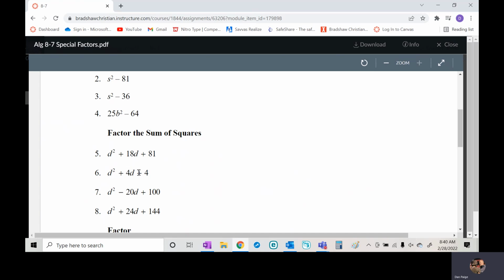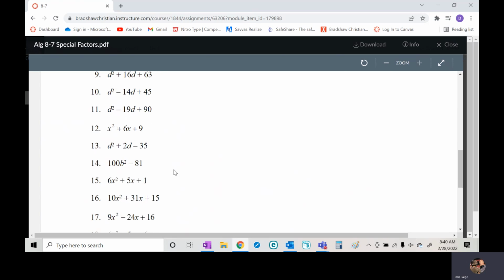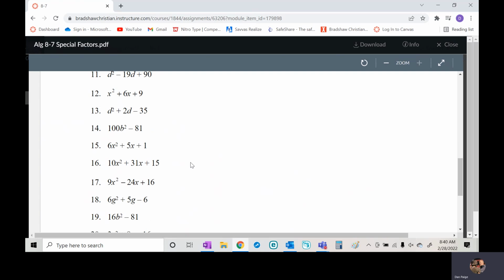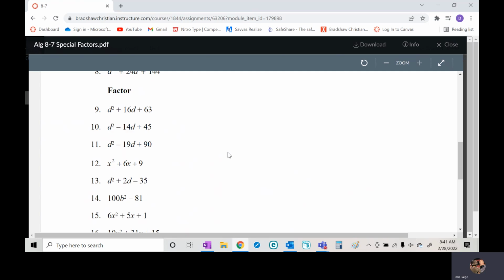In the book, the whole section just tells you automatically what they are, and you'll finish the assignment in like 2 seconds. But in the next part, it's mixed together. Some of them are just regular cross products. Some of them are the special ones. So if you get to a special one, you should be able to go, oh, I don't need to do the cross products.